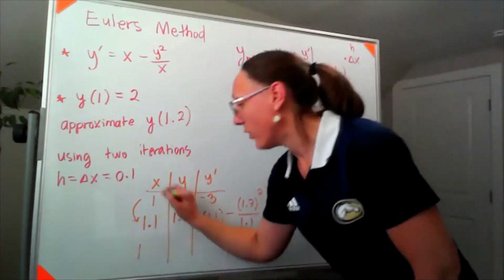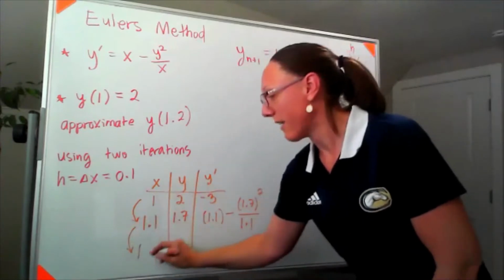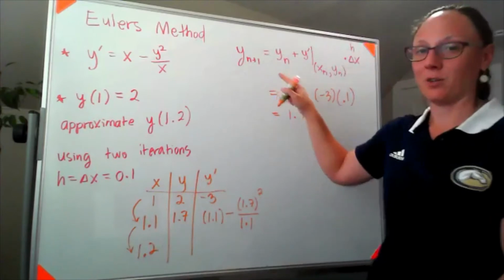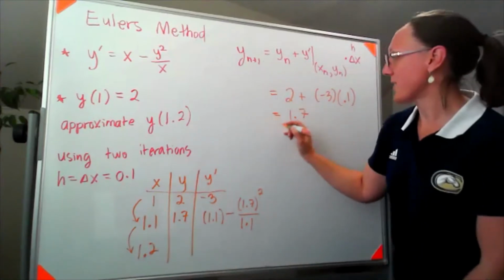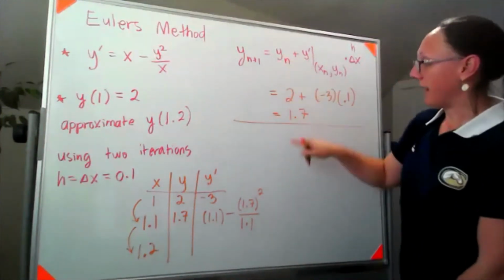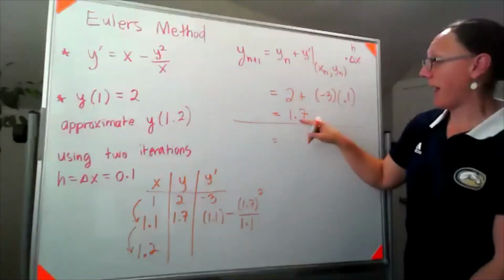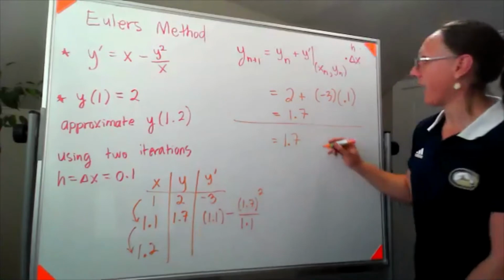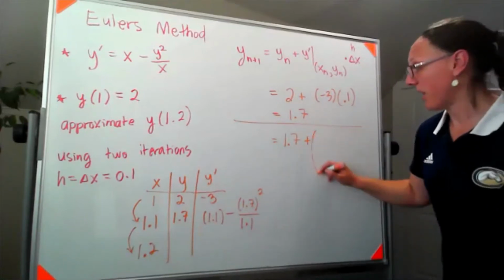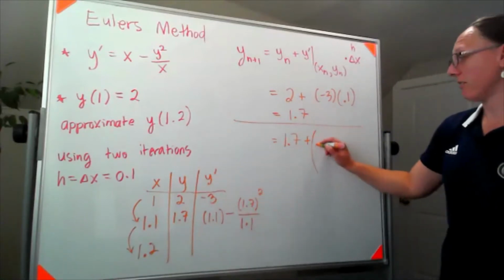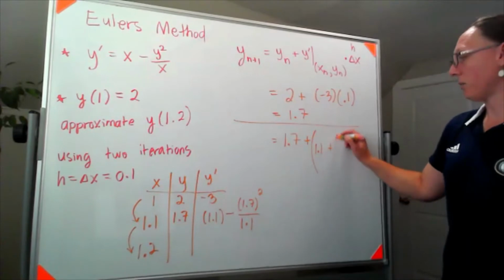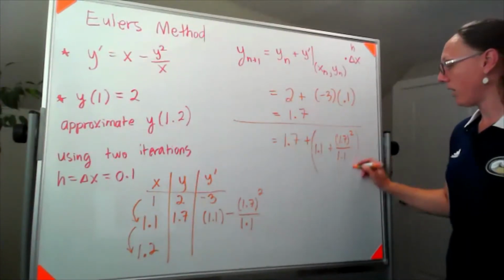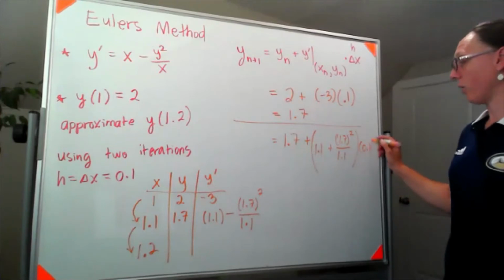So I know that my new x value will be 1.2, and to get my new y value, I'm going to use the formula. My y sub n is 1.7. That's the point we're standing at. And we're going to have plus that entire derivative. So 1.7 plus 1.1 minus 1.7 squared over 1.1, times 0.1.